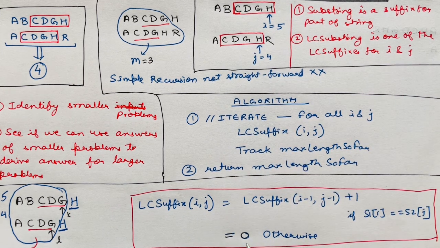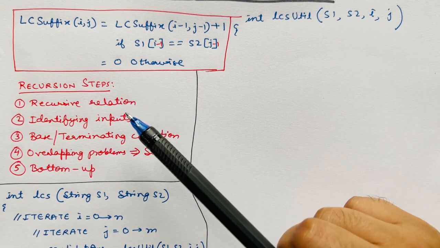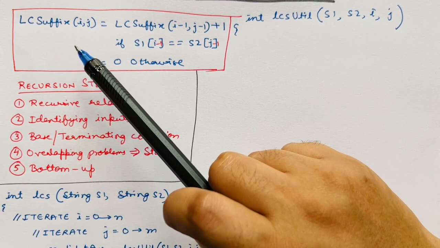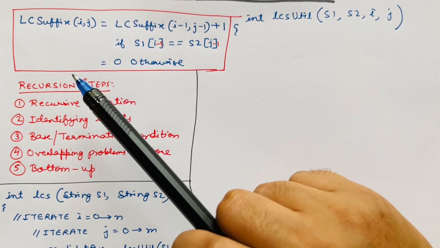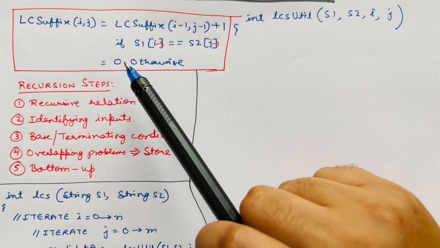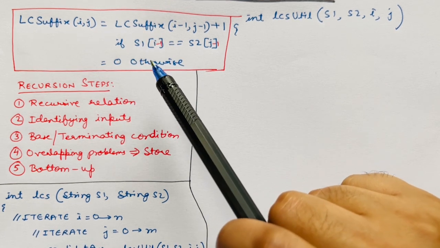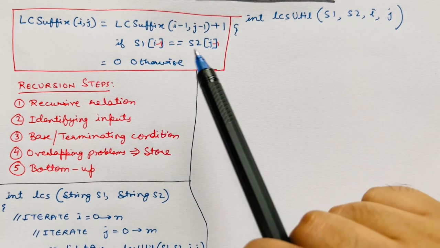Therefore, in this recursive relation, we will make a small change: when we check the two last characters to be equal, we will check s1[i-1] and s2[j-1]. So this is what our recursive relation now looks like. What does it say? It says that the longest common suffix of the two strings, if we are considering first i characters of s1 and first j characters of s2, will be equal to the longest common suffix if we consider first i-1 characters for s1 and first j-1 characters for s2, plus 1 if the last characters are equal.